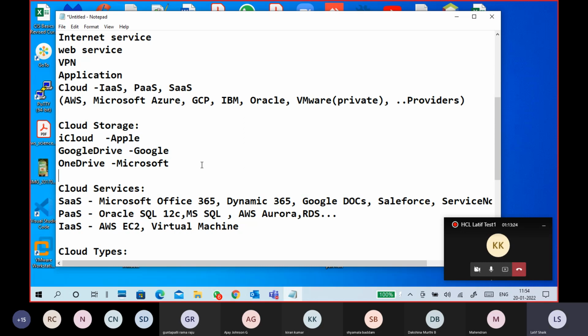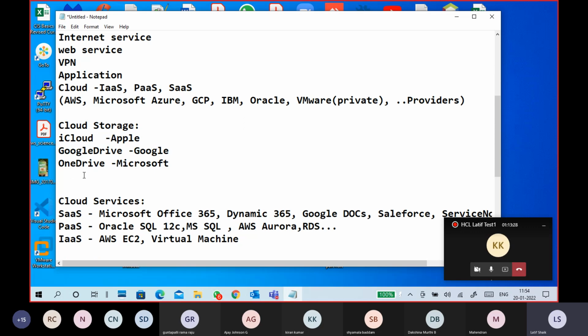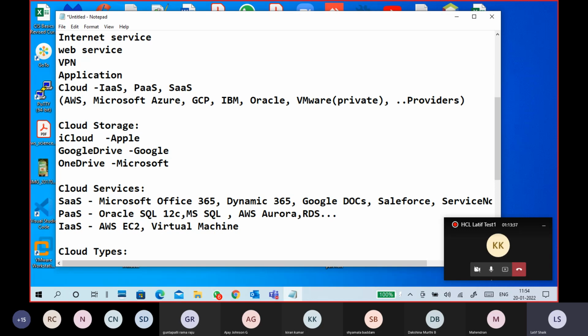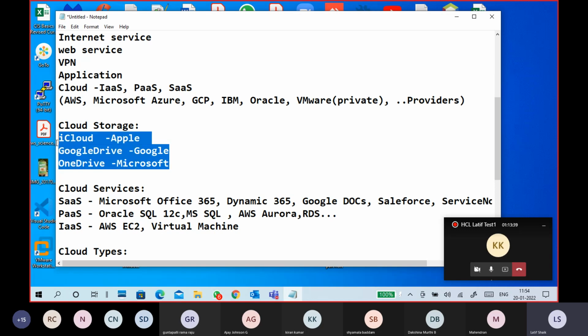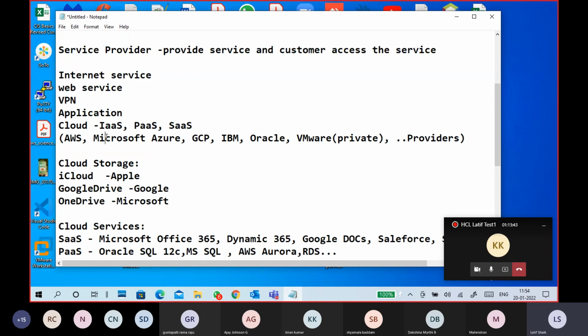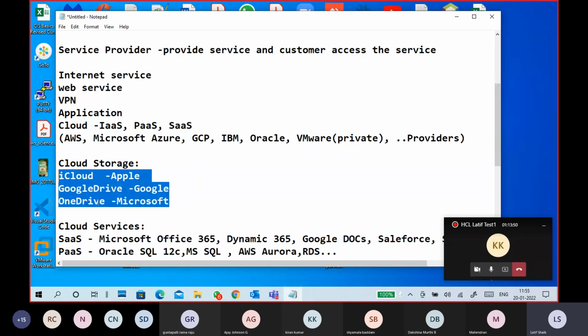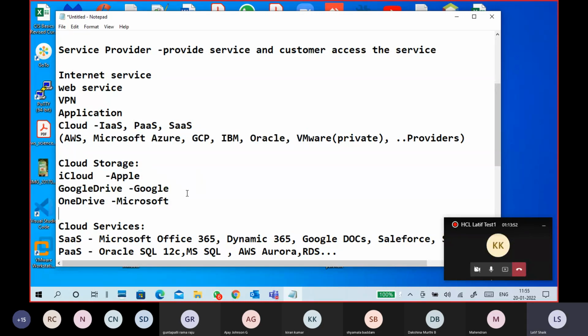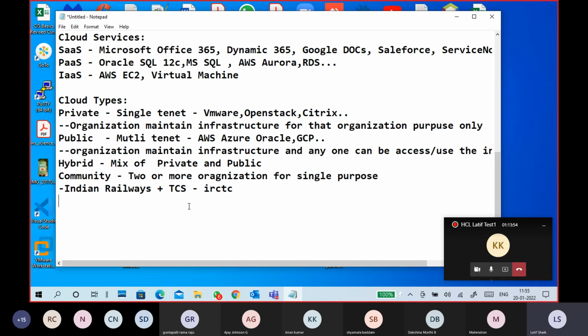So storage is also there. For example, AWS S3 is a storage service. So these are separate services, directly storage services. Generally, cloud service providers also provide storage-related services, but these are direct ones. Never say cloud means storage.